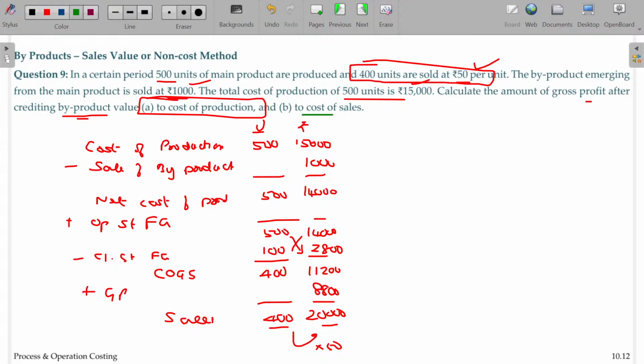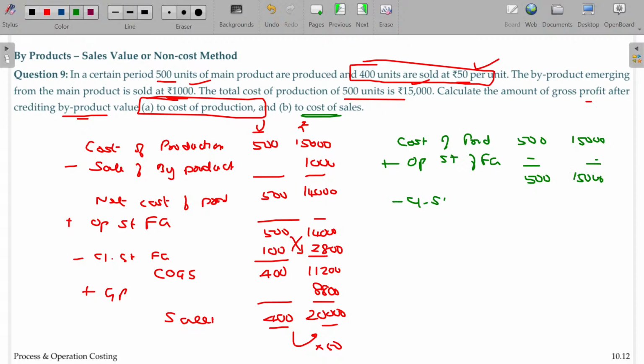So what happens if we are adjusting this in cost of sales? Cost of production being 500 units at rupees 15,000, add opening stock of finished goods, minus closing stock of finished goods.